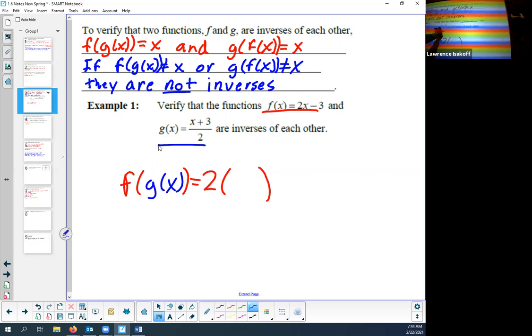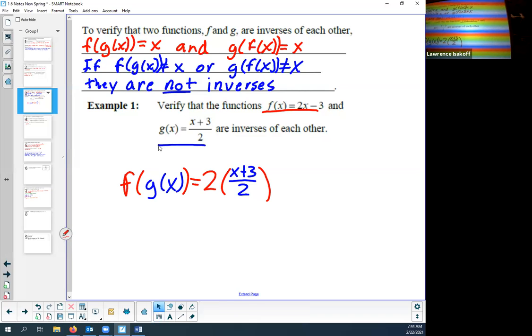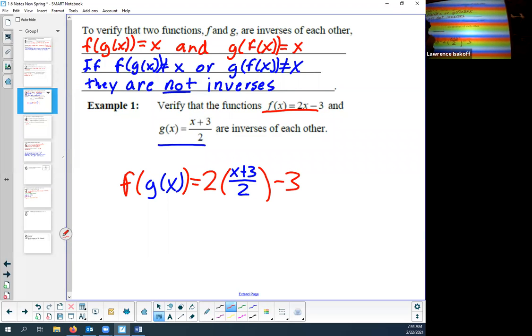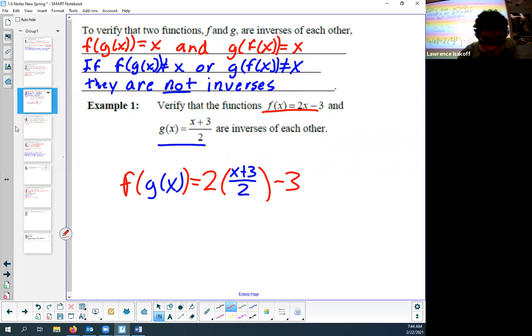Where I have x, I'm going to plug in g of x, and then just keep it going, -3. So all I did here was plug in what g of x is into f of x. So now I'm just going to do my math here.